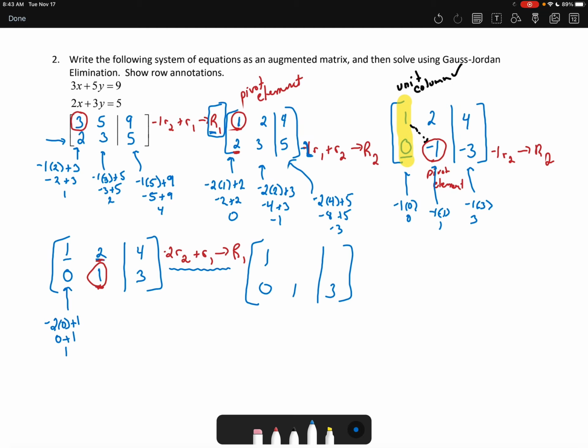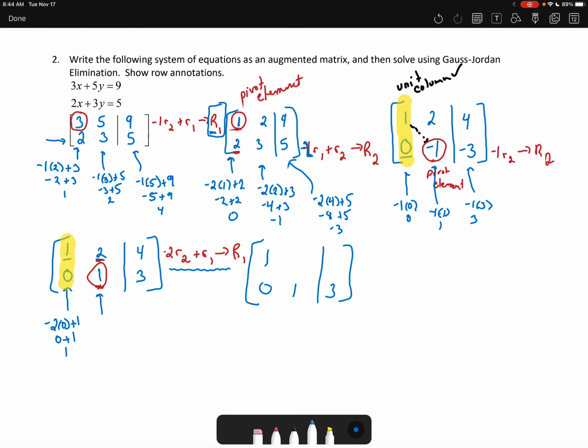So that unit column that I had already created, if anything that I choose to do from here on out messes that up, then I've made a wrong choice. So that's kind of a double check that you can do as you're working. It should never mess those up. Those are what we're going for, and once we make one, we don't want to undo it.